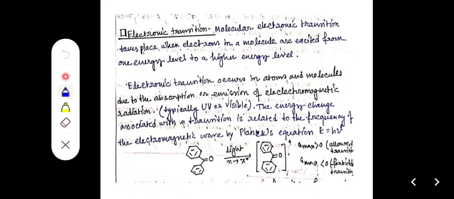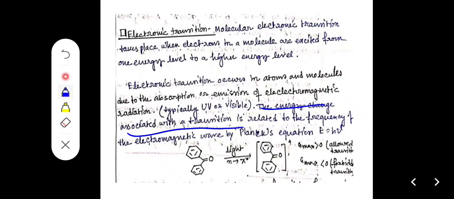Always remember, electromagnetic radiation is basically of two types: one is absorption radiation, the other is emission radiation. The energy change associated with the transition is related to the frequency of the electromagnetic wave by Planck's equation. We can say E equals h nu, because energy is directly proportional to frequency nu. So E equals h nu. That is Planck's equation.